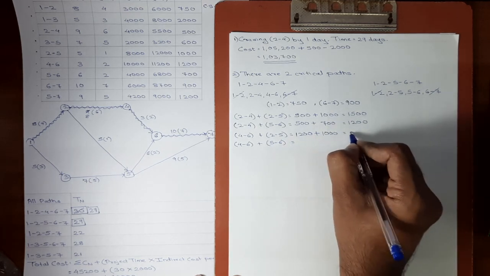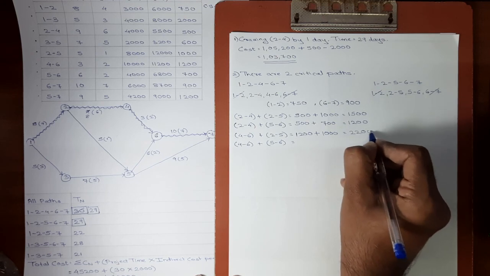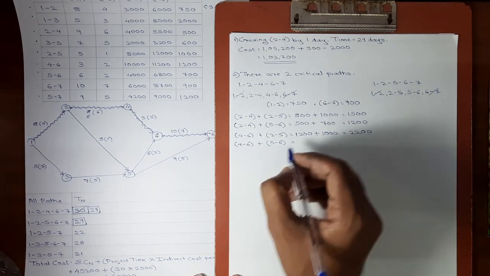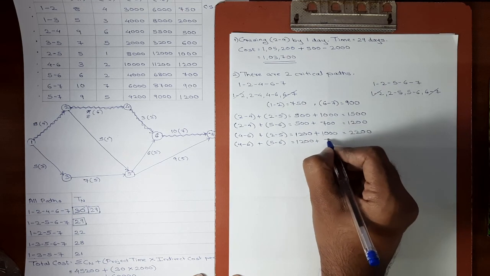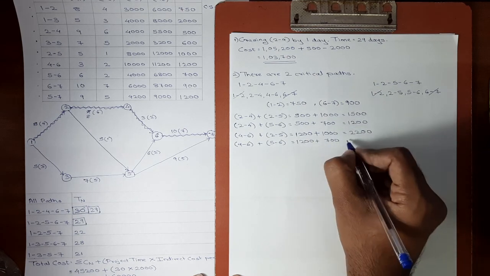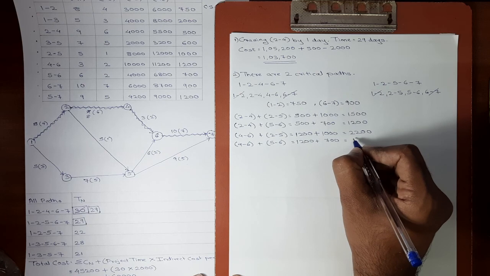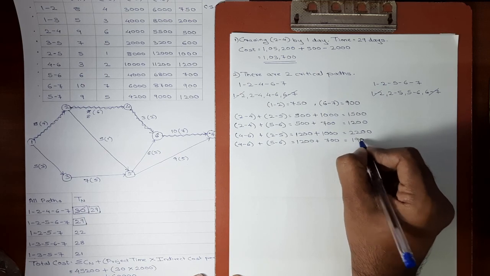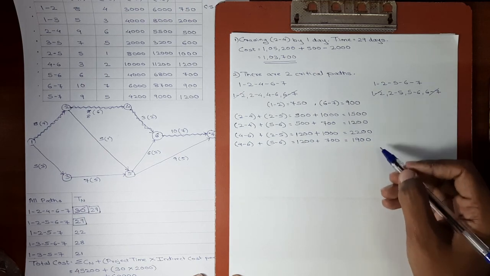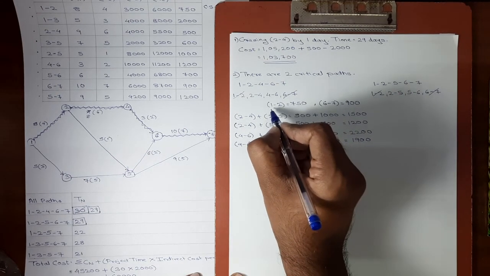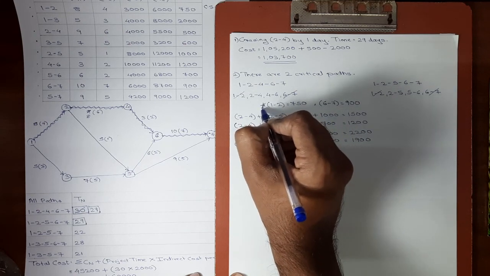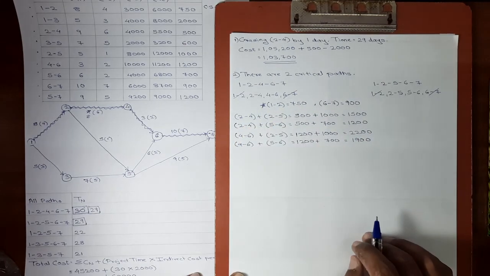So the total combined cost slope will be 2200. Again cost slope of 4, 6 is 1200. Cost slope of 5, 6 is 700. So the combined cost slope will be 1900. Out of these listed combinations, which is having the least cost slope? The cost slope is least of 1 2, 750 only, and it is also a common activity in both paths.